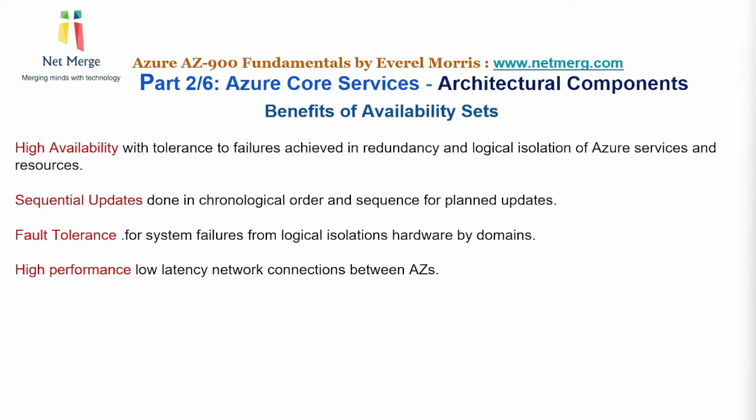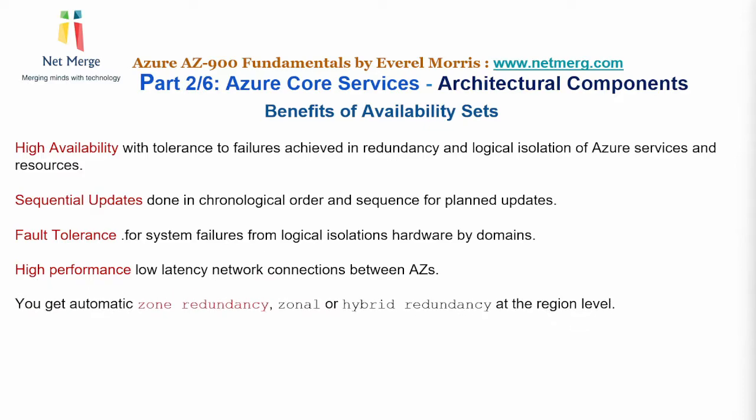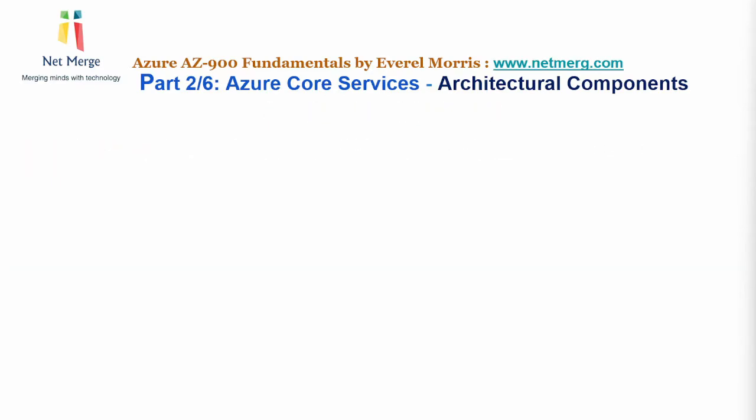So there's low latency between the AZs, so you get good performance from that low latency. You also get zonal redundancy in some situations, and you get hybrid redundancy at the regional level if you're doing region pairing as well. So the availability set also helps with those things as well.